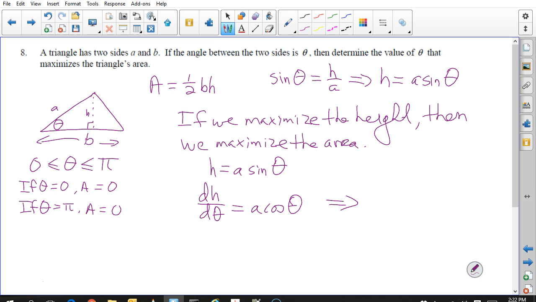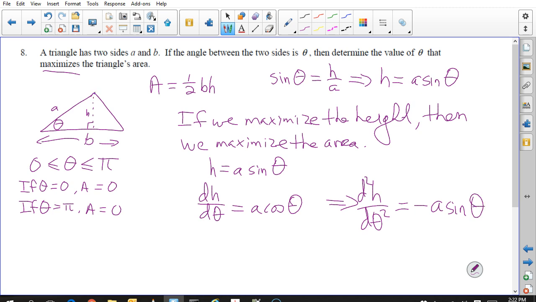Remember the second derivative test? This is where it comes in handy on max-min. If it's easy to get the second derivative, then we can see if we have a max or a min. Hopefully, it'll be a max. So what's the second derivative, d2H by d theta squared? Negative A sine theta.